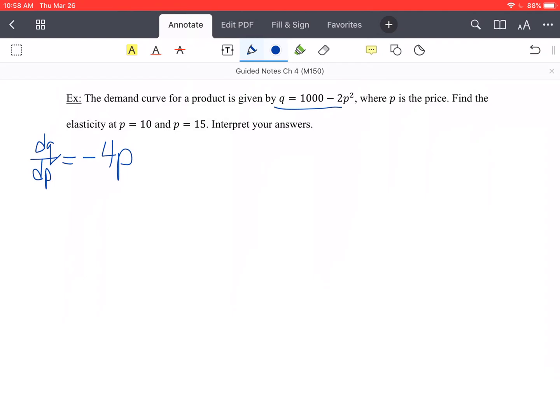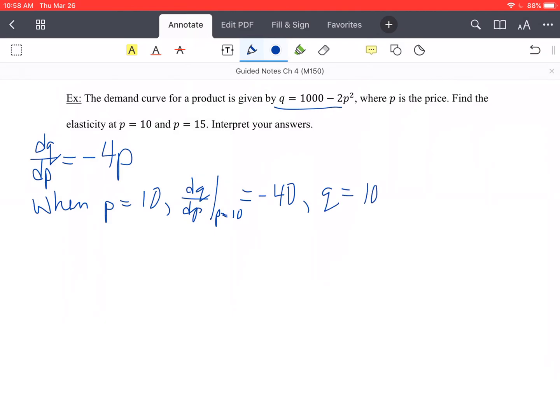Okay. Then let's look at when P equals 10, the derivative, dQ/dP evaluated at P equals 10, that's negative 40. And Q at this price would be 1,000 minus 2 times 10 squared. So 1,000 minus 200, which is 800.